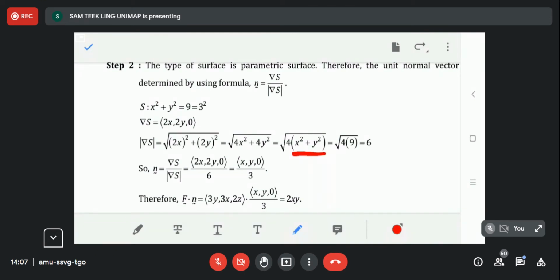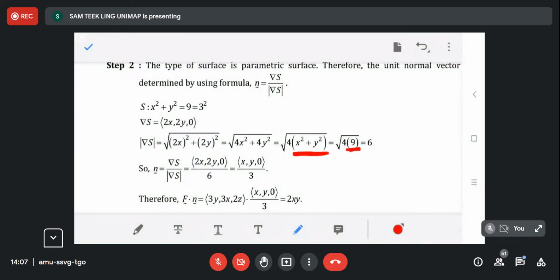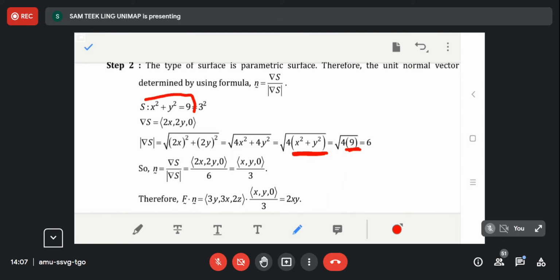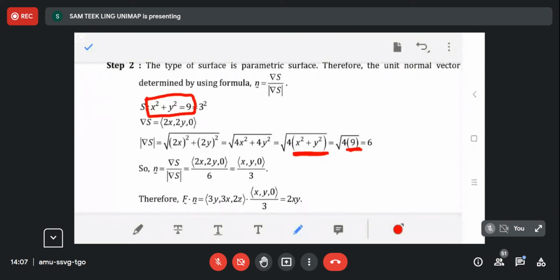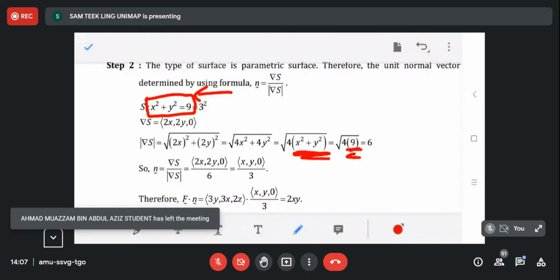this one, x power 2 plus y power 2, then replace by 9 because your question gives you already. The surface gives you x power 2 plus y power 2 is equal to 9.